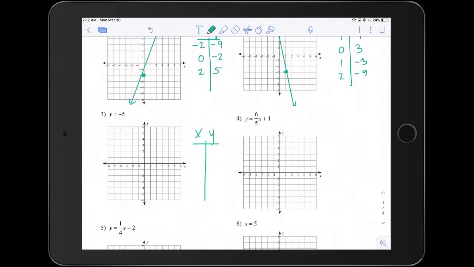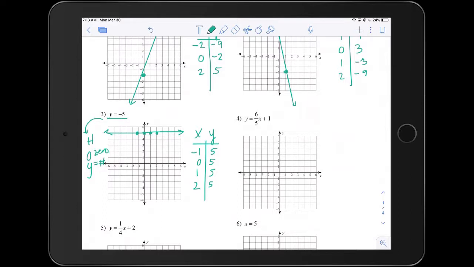So it just moves right across the graph like that. It's a horizontal line. We did talk a little bit about this. Remember the acronym we use: y is equal to a number. When I see y is equal to a number, I should think horizontal line with a 0 slope.